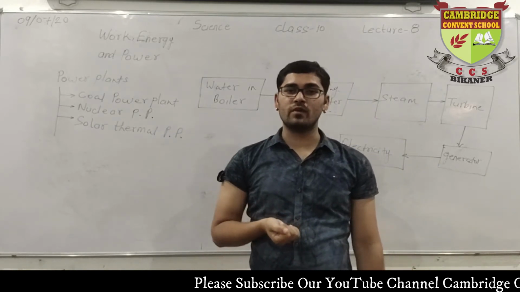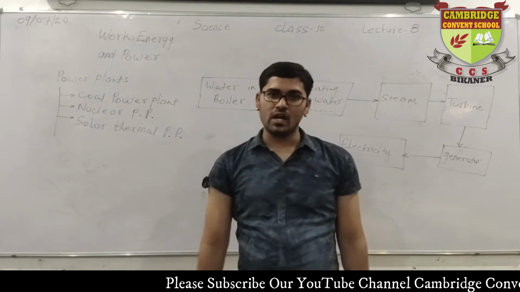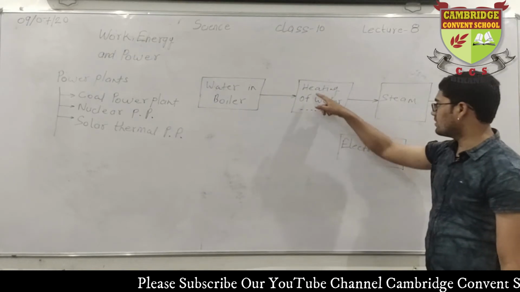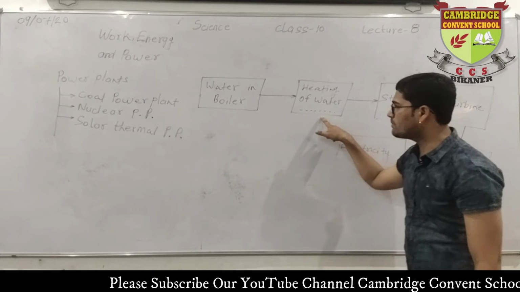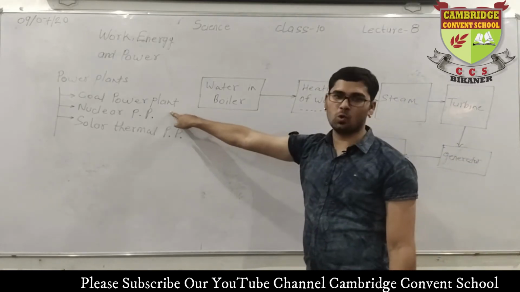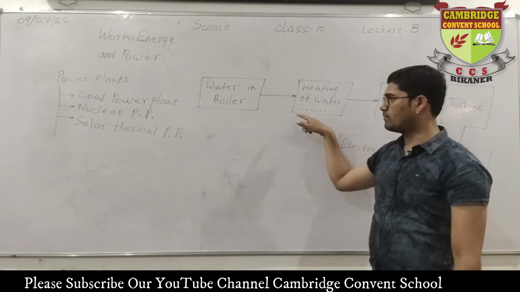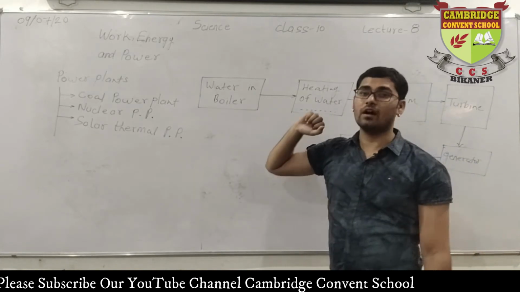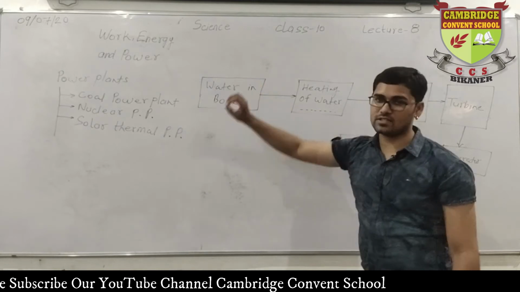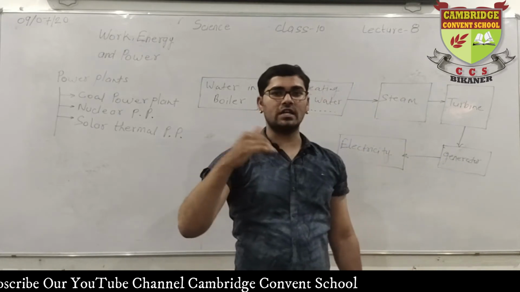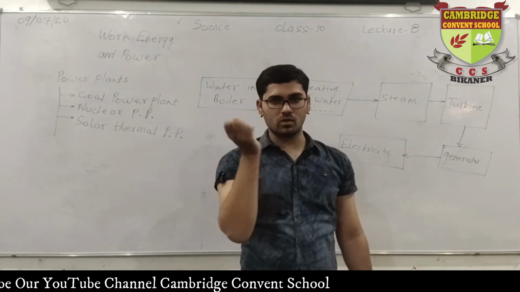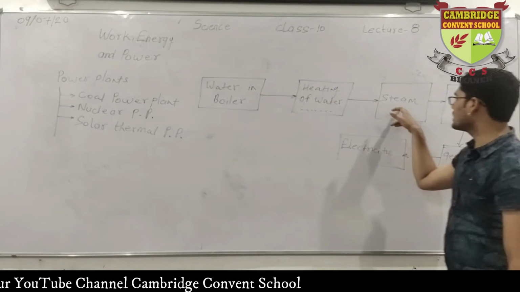So what happens when water gets heated? For the blank, you can write coal: heating of water with coal, or by coal. With the help of coal, the water will be heated. After some time, it evaporates. Liquid converts into gas. Water will convert into steam.